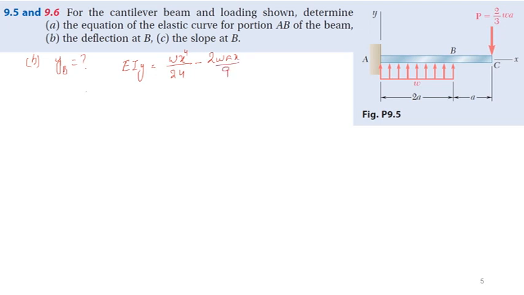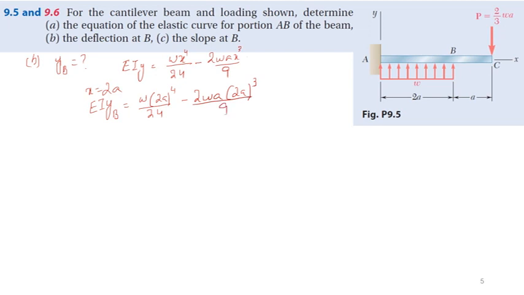At x equal to 2a, that is at B, we can write EI yB equals W(2a) to the power 4 over 24 minus 2WA, sorry, this is cube, (2a) cube divided by 9.